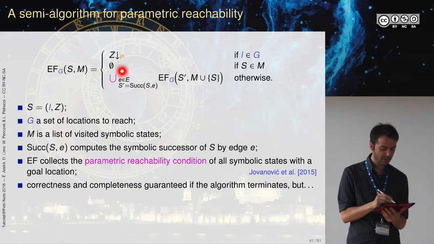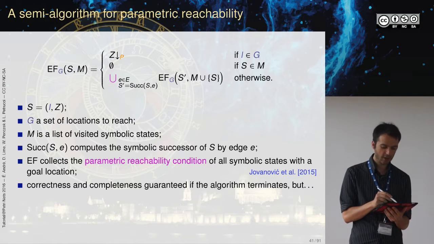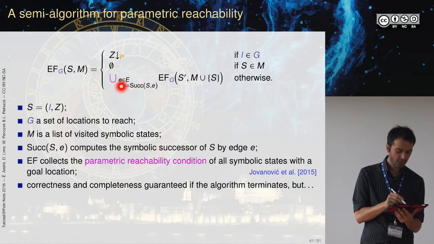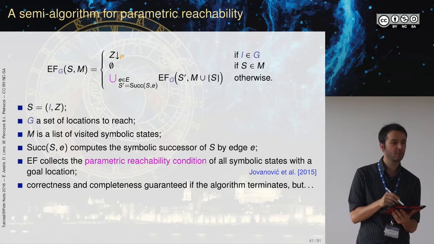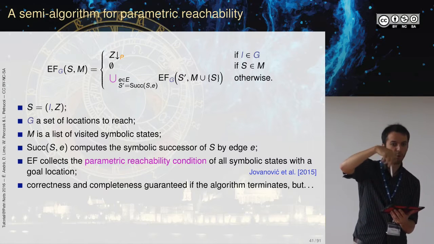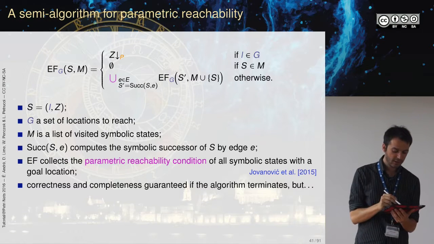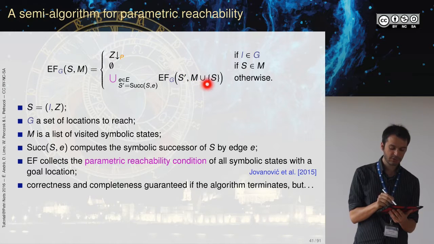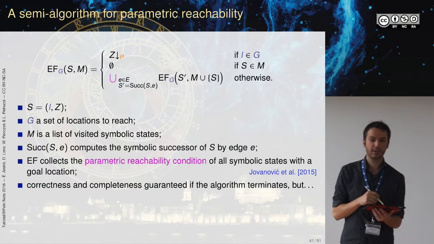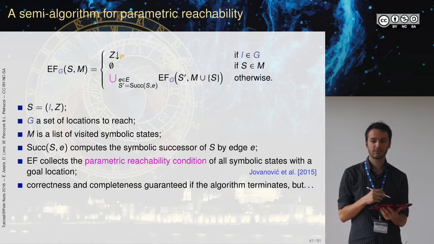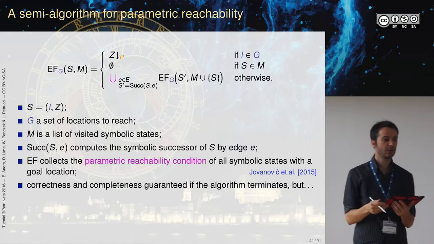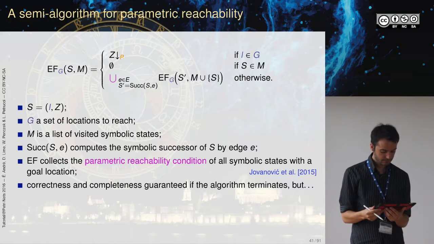Exploring further means we return the union of recursive computations of EF over all successors, for all possible edges of the current state. So I explore all possible branches, and I recursively call EF with the new symbolic state, and I add to the set of visited states the state that I just met. So it's just a basic fixed point computation.